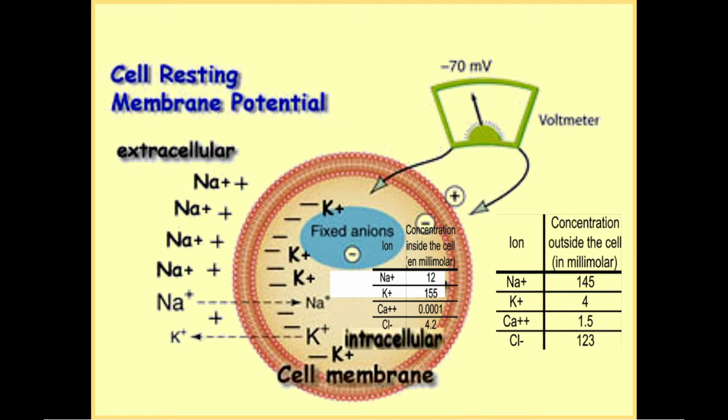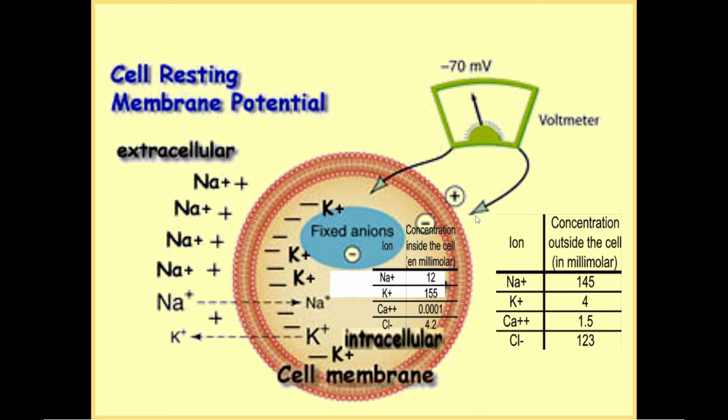Because of different concentrations of the ions and the presence of anions in the cell, the interior of the cell is negatively charged. And outside, a different electric field is developed.